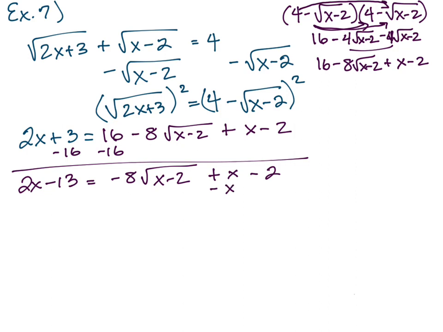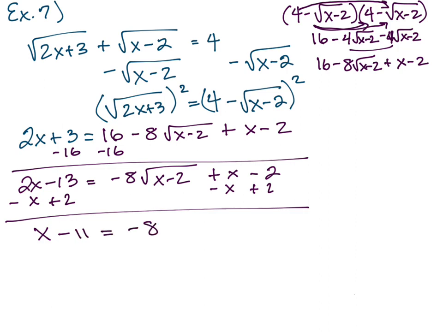Subtract the x from both sides, and add the 2. So 2x minus 1x makes me have x, negative 13 plus 2, negative 11, equal to negative 8 square root x minus 2.